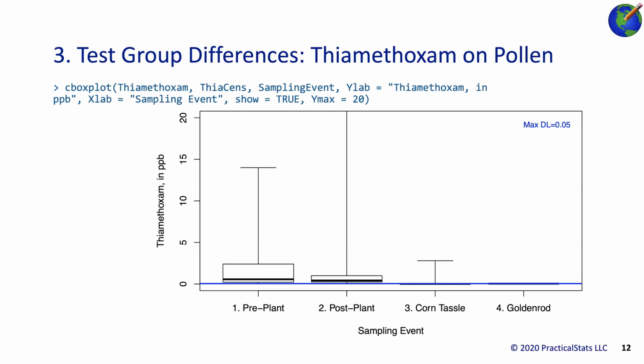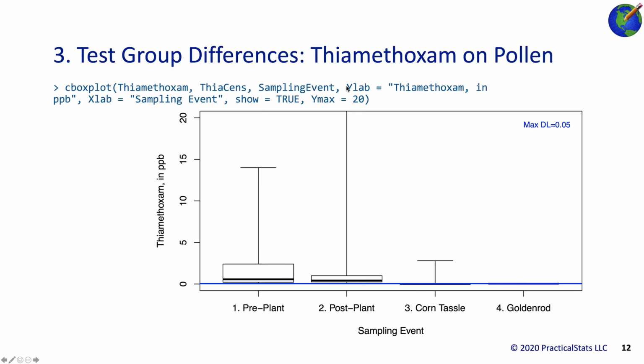Here's the box plot procedure again with a variable called thiomethoxam, which is a neonicotinoid pesticide, I believe. So that's its concentrations and detection limits, and then the indicators, and then it's grouped into 4 groups by the variable sampling event. You can throw in additional labels and show the boxes, whatever they are, below the highest detection limit.